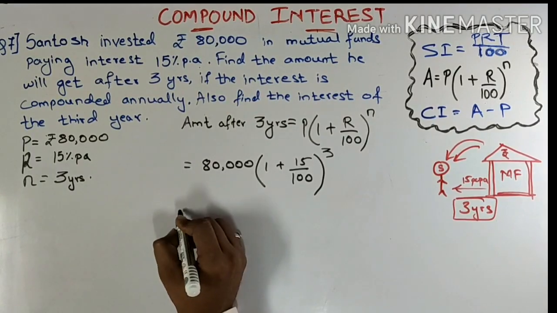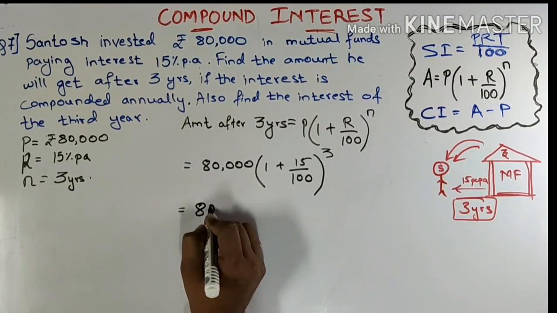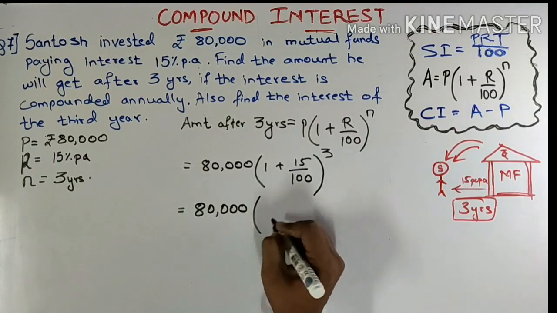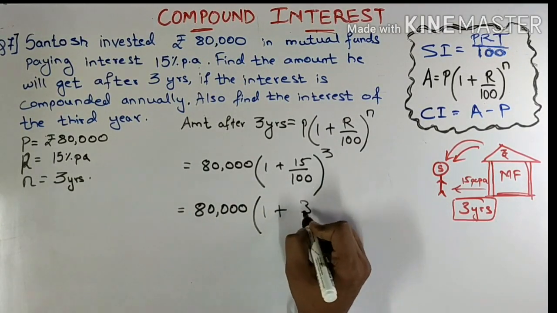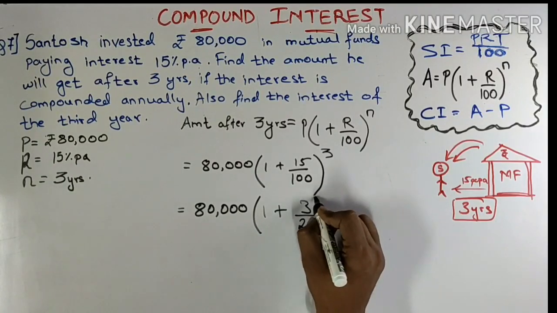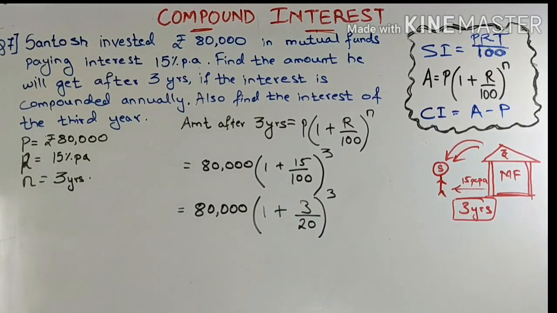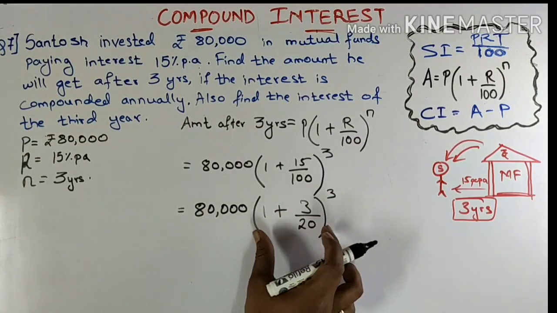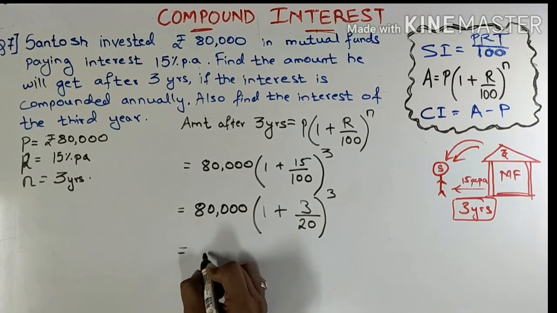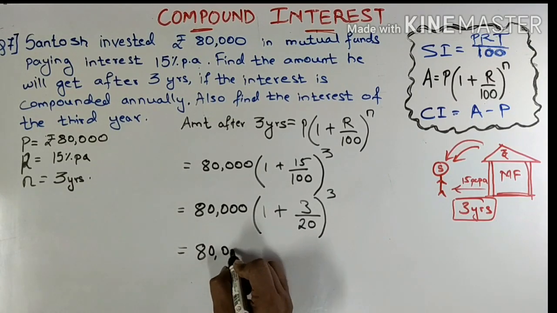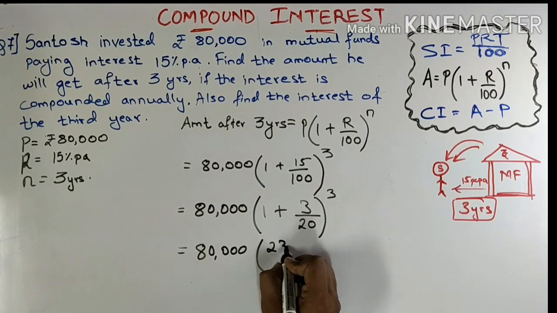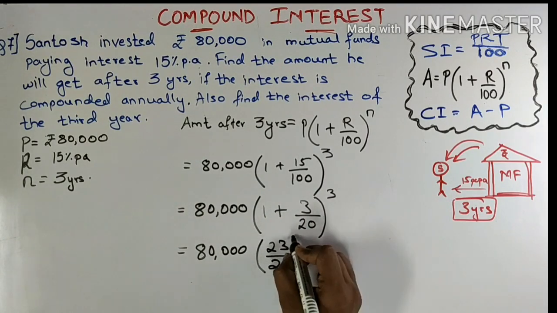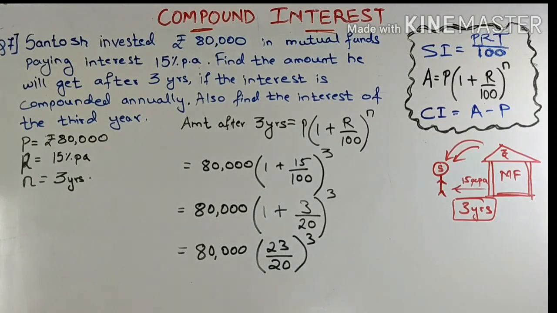So when we simplify this, we get 80,000 into bracket. I'll simplify the bracket first. 1 plus 5 3s are 5, 20s are, the whole raised to 3. Now taking LCM and making this into unity, that is the whole fraction, I'll get 80,000 into 20 plus 3, 23 upon 20, the whole raised to 3.